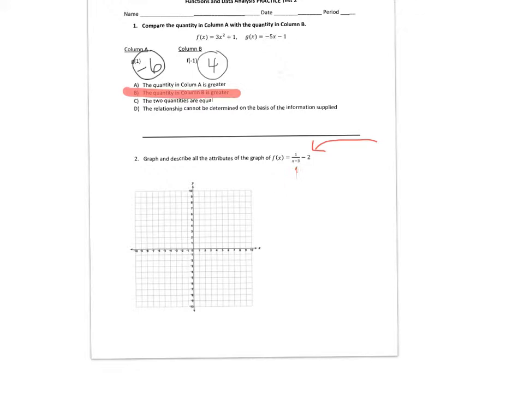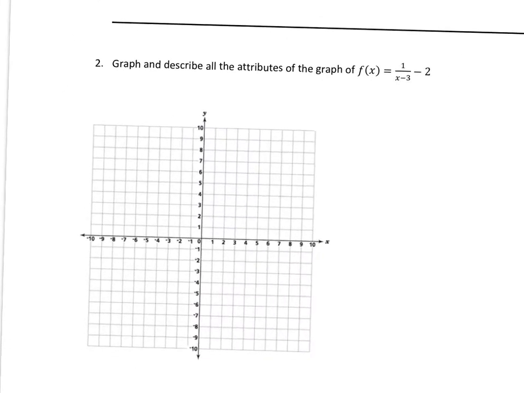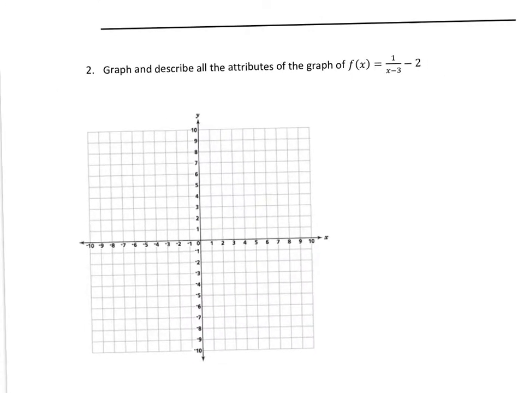Remember, you have to think opposite when you're looking at h. So in this case, since it says x minus 3, h is really positive 3, because you have to think opposite. And then k is equal to negative 2.